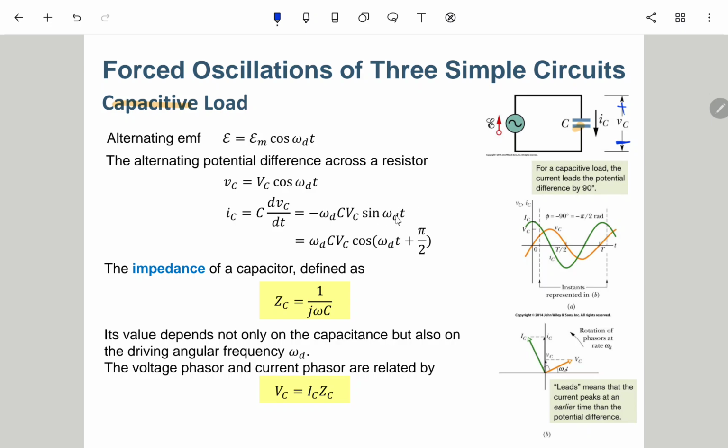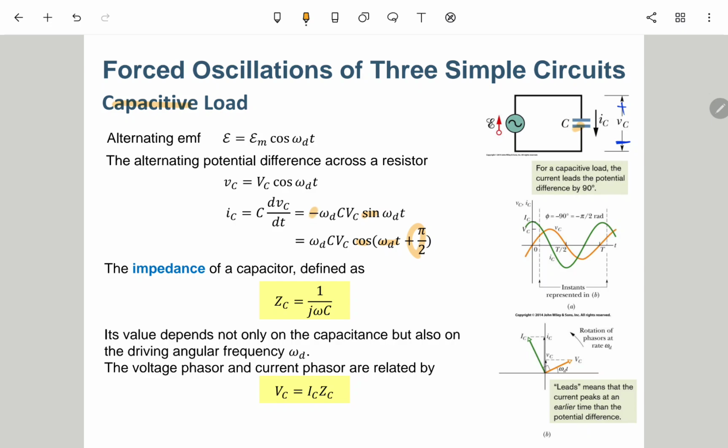Okay. Something like this. And we would like to keep this function to be cosine instead. So using the trigonometry identity, sine omega dt could be cosine of omega dt plus pi over 2. Yeah, so this is an identity in high school trigonometry. But also with a negative sign.